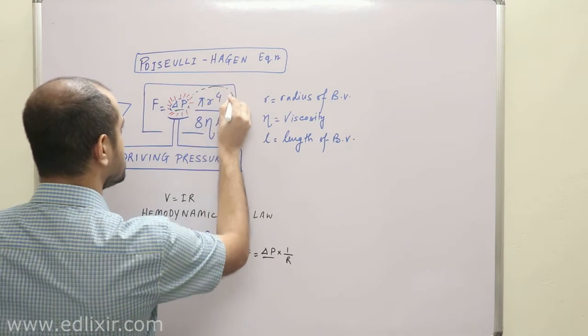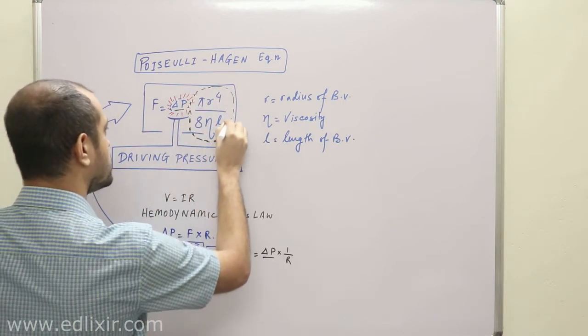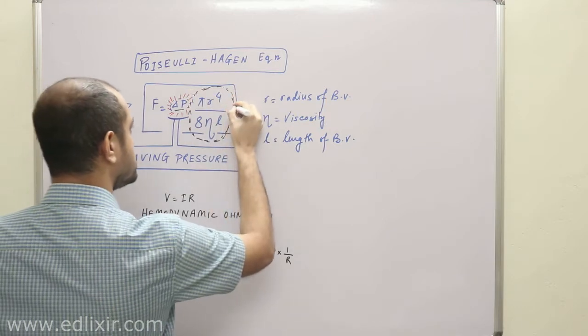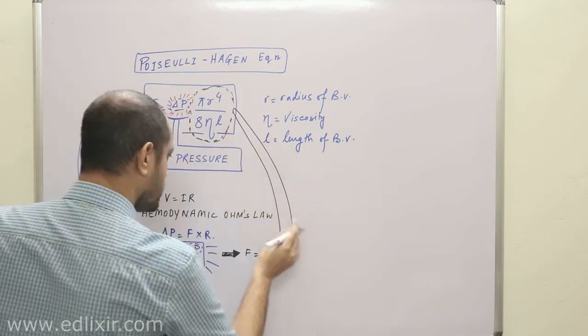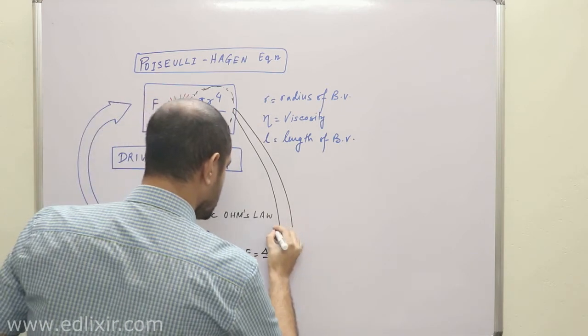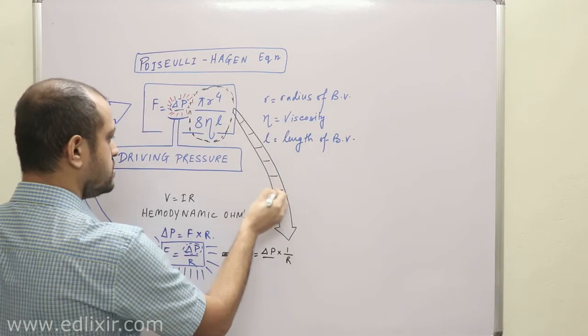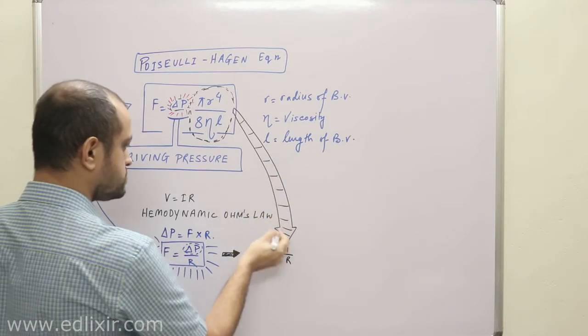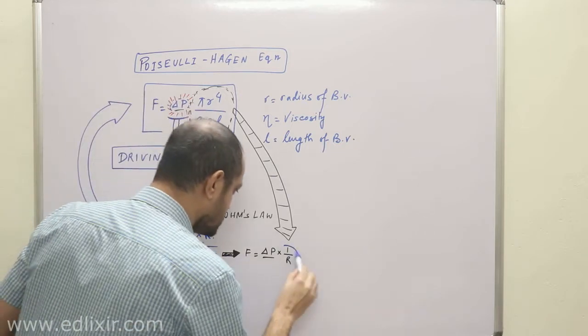Now a very interesting part you need to understand here is this. This whole part is actually representing 1 by R, that is the inverse of resistance.